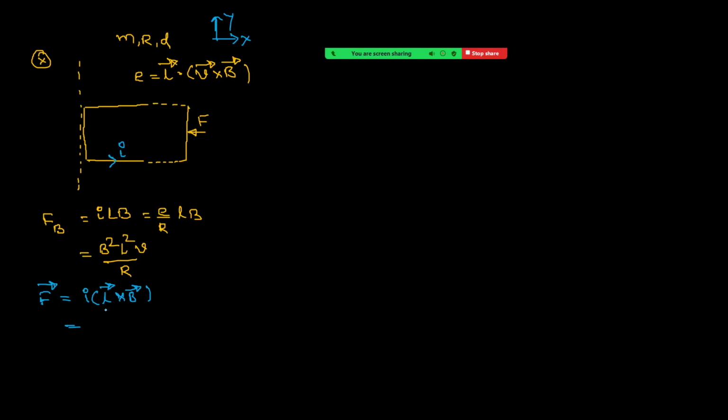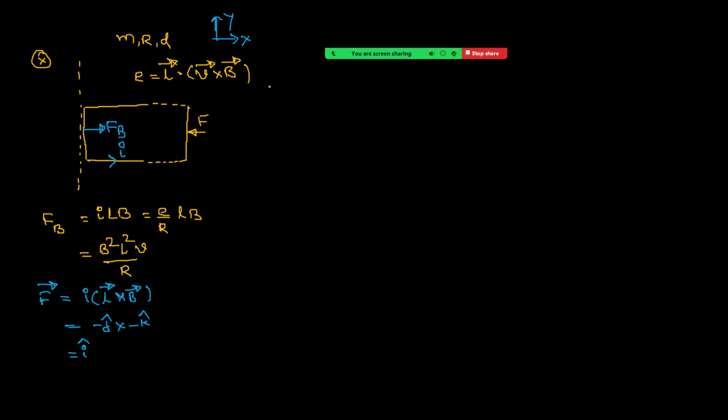Therefore, L bar is minus j cap, cross B bar. B bar is now minus k cap, into the board. So minus minus plus j cap cross k cap. It is i cap. I cap means the force is now to the right side. That is now the direction of the magnetic force.